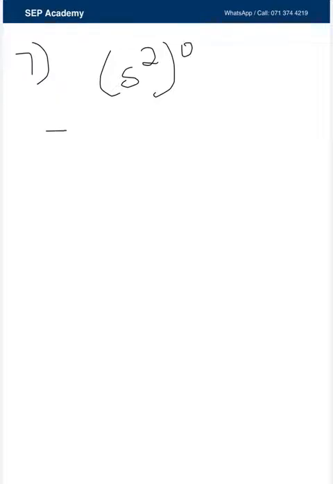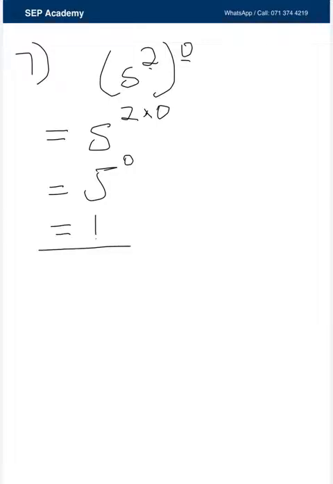Okay, what did I say? I said the law says you take this, you multiply it with that one on the outside. You can still say s to the exponent of 2 multiplied by 0. So what is 2 times 0? Definitely it is 0. It therefore means it is equals to 1 because you end up having a base raised to the power of 0.